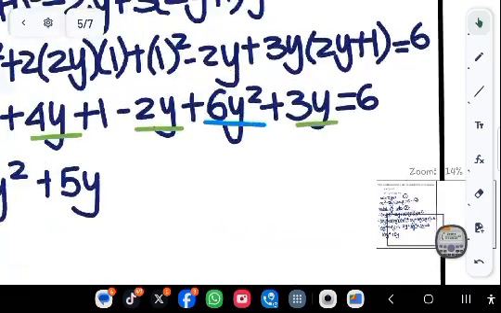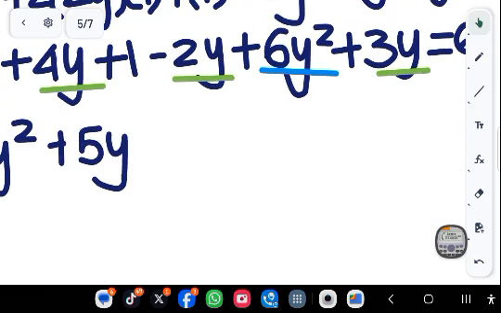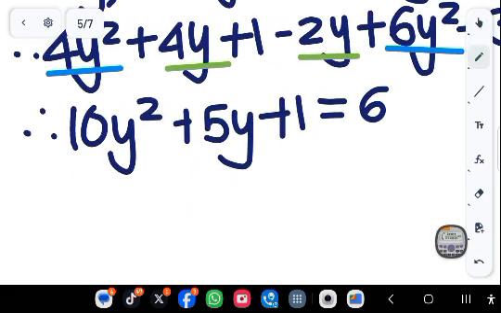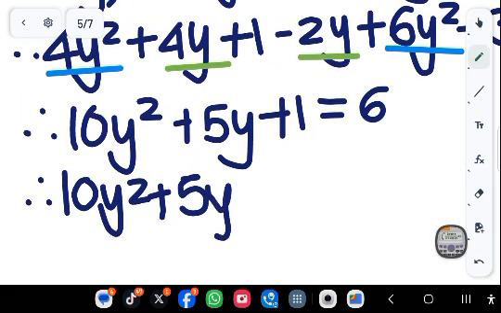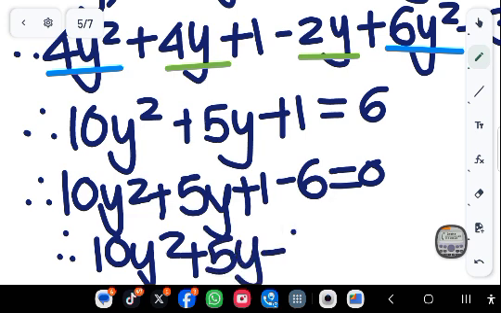And then the constants, that is 1. Equals 6. Let's take the 6 to the left hand side. 10y squared plus 5y plus 1 minus 6 equals 0. Therefore 10y squared plus 5y minus 5 equals 0.